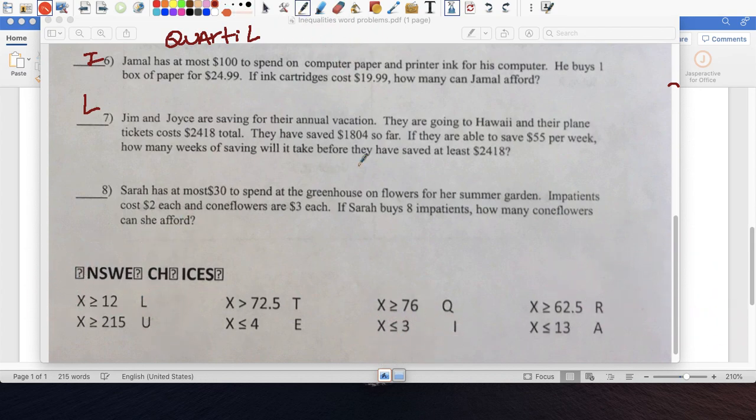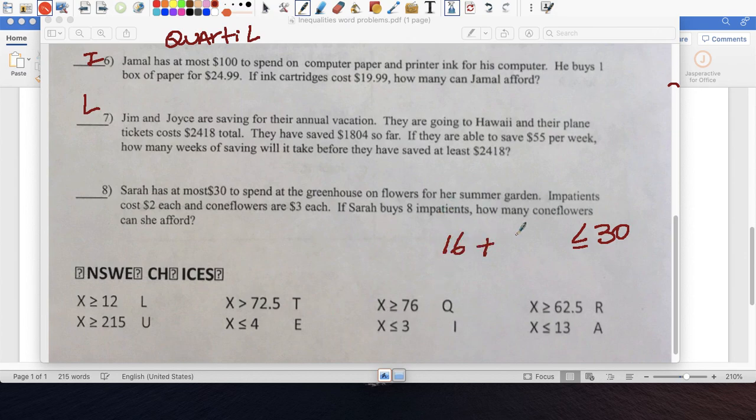Eight. Sam has at most $30 to spend right away. Whatever she's buying has to be less or equal to 30. Impatiens are $2 and cornflowers are $3 each. She buys 8 impatiens. How many cornflowers? So impatiens are $2, so if she buys 8, that means she already spent 16 bucks.